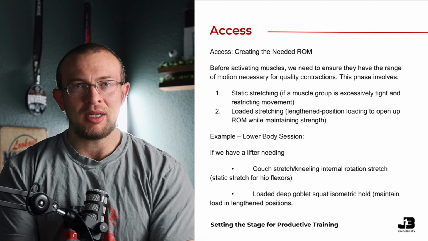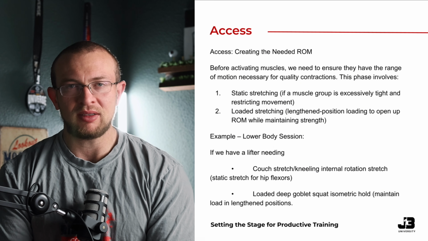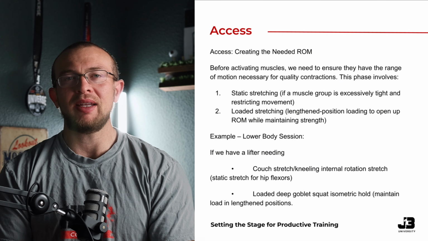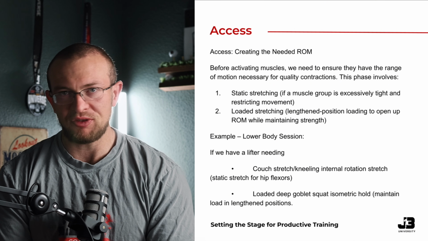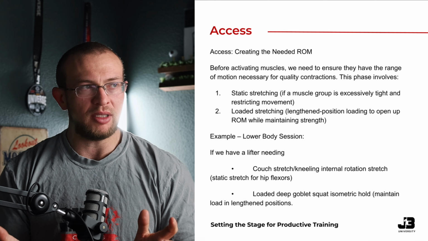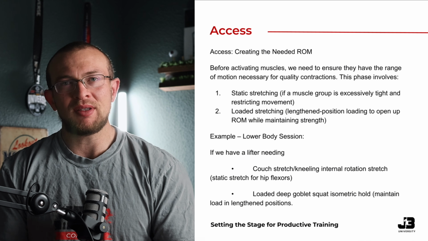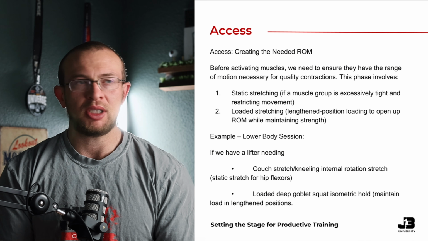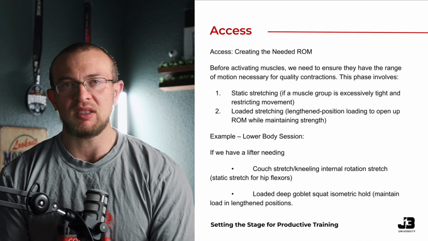To dive straight into access, we look at the need of creating range of motion. This can vary in a bunch of different ways. For most people, this is going to be some form of static stretching, especially if a muscle group is excessively tight.